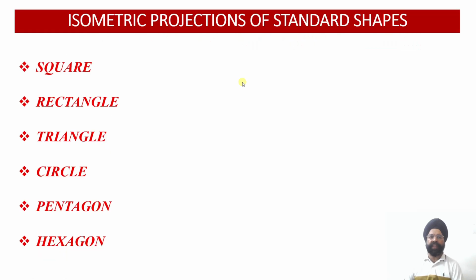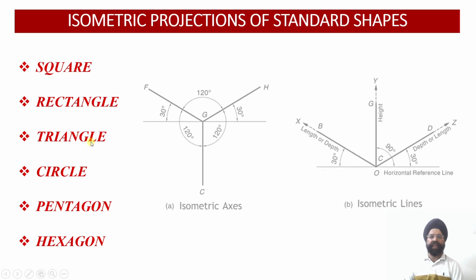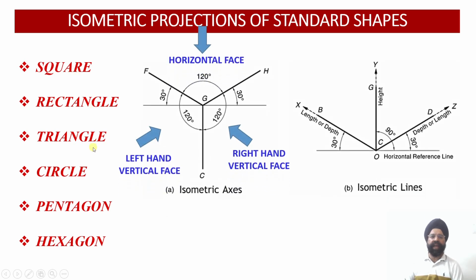Now we had started with the discussion regarding the isometric projections of the standard shapes in the previous lecture. Of the three basic shapes, that is square, rectangle and triangle, we had evaluated how to draw these three shapes in three orientations onto the isometric projection.